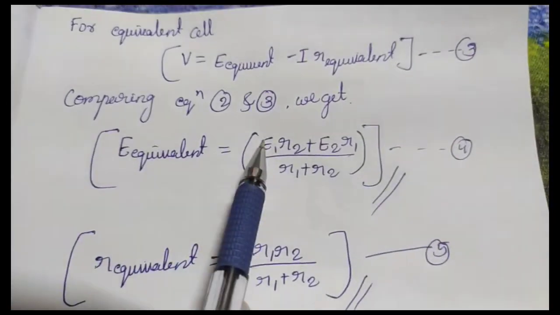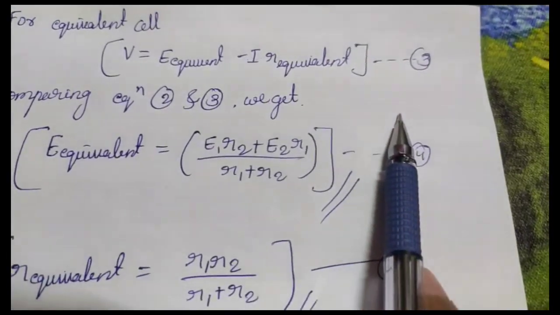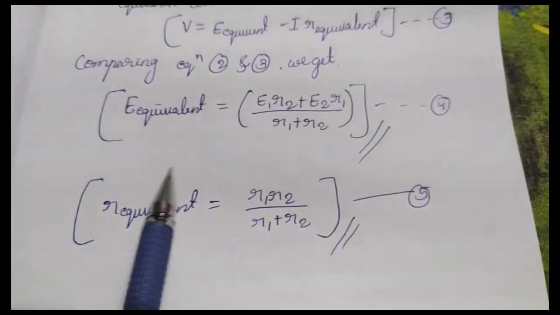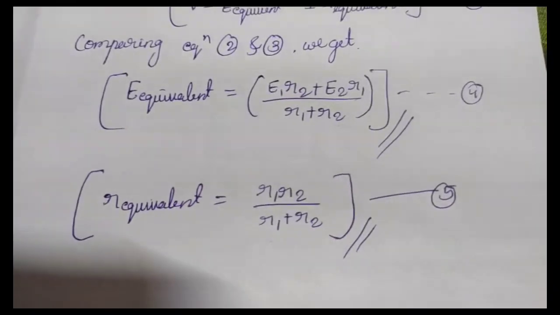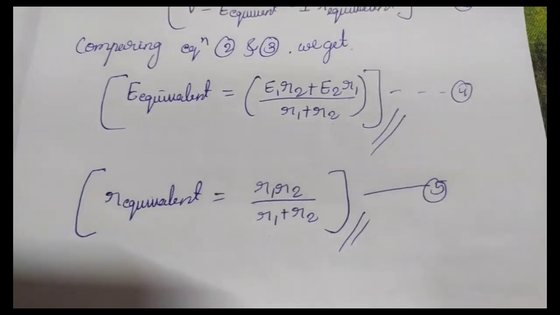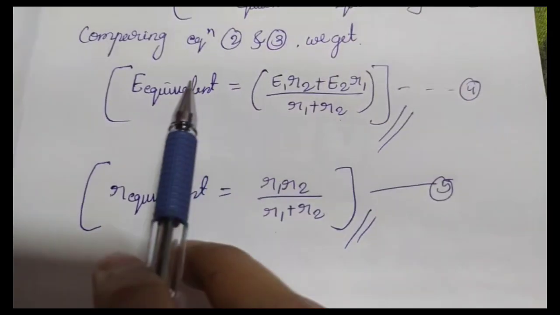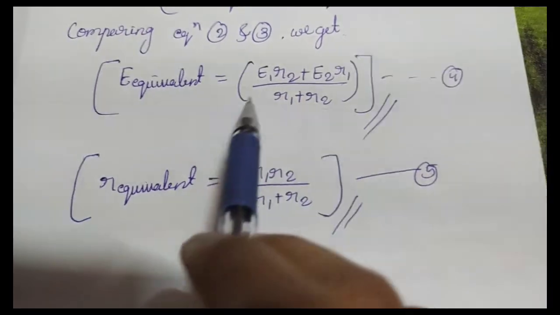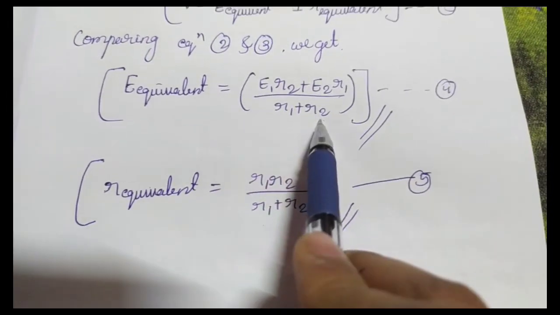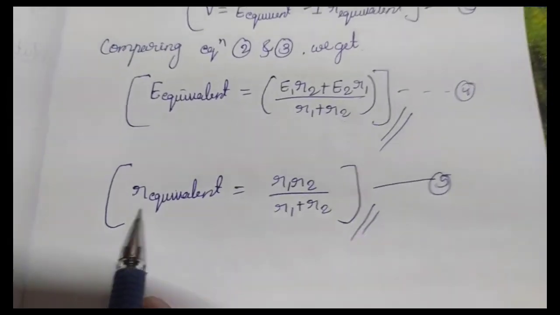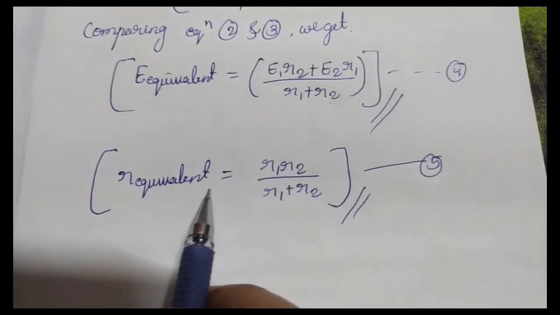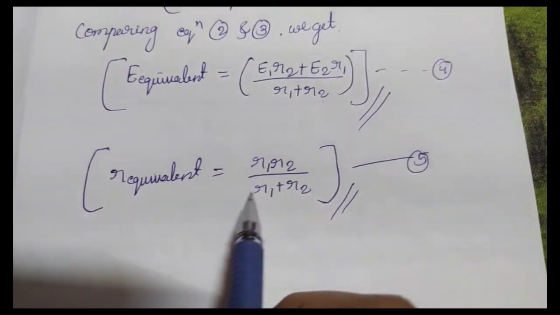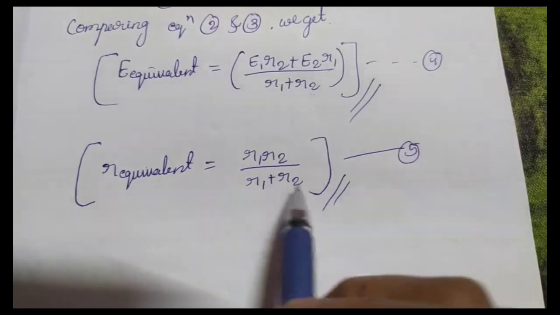Comparing equation 2 and 3, I got the final answer. The EMF of the equivalent cell is (E1 into R2 plus E2 into R1) divided by (R1 plus R2), and the internal resistance of the equivalent cell is R1 into R2 divided by R1 plus R2.